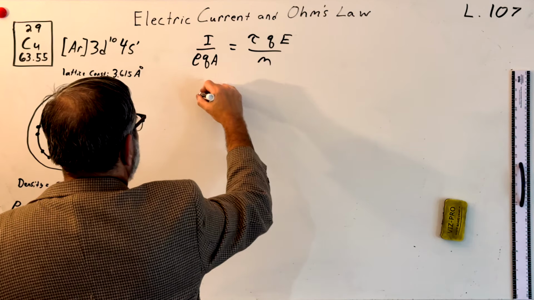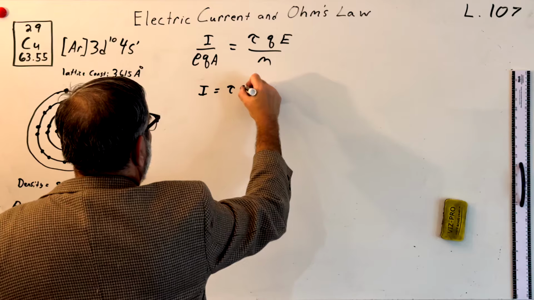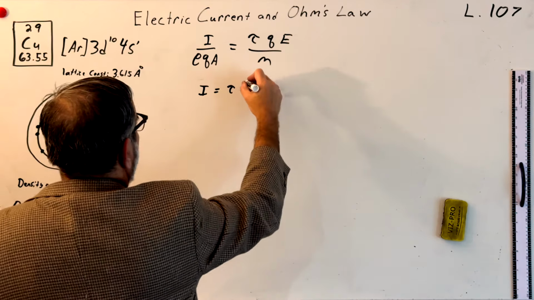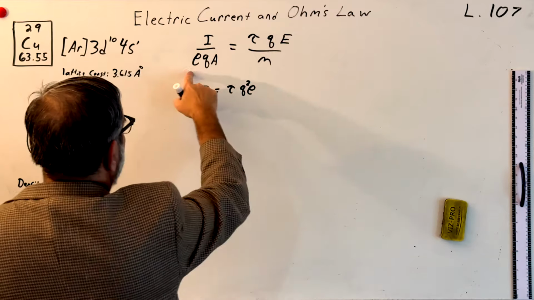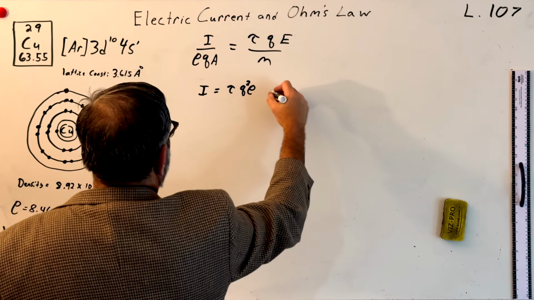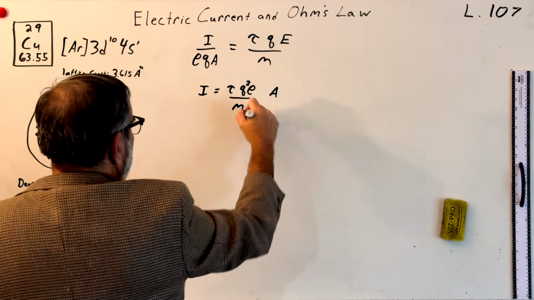So we can rewrite this as I is equal to, I've got tau, I've got Q, I've got rho, I've got another Q, that's Q squared, rho Q, got that. I'm going to keep the A, the area, over here, and then we have over M there, yes?